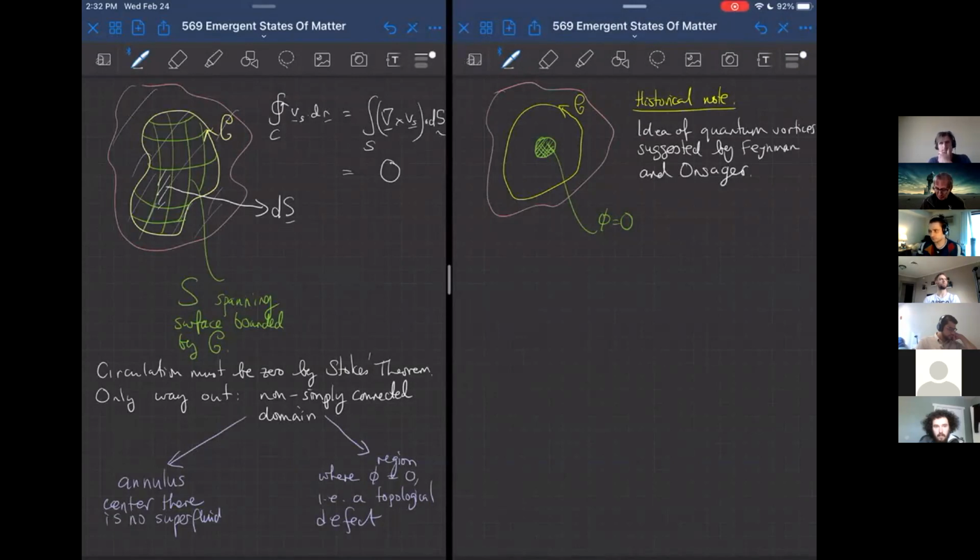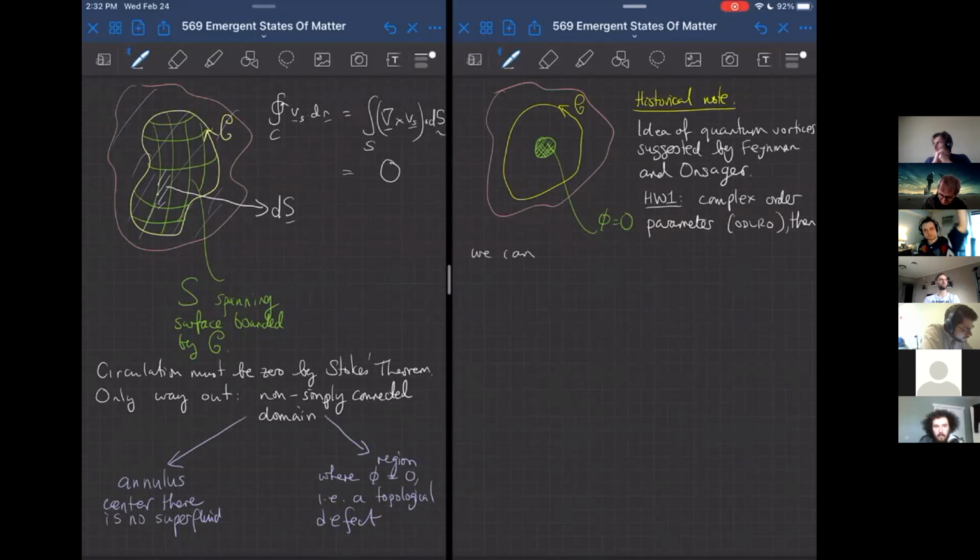As you know from homework sheet 1, because we have a complex order parameter here, which comes from off-diagonal long-range order, we can have topological defects in d equals 2 and d equals 3.